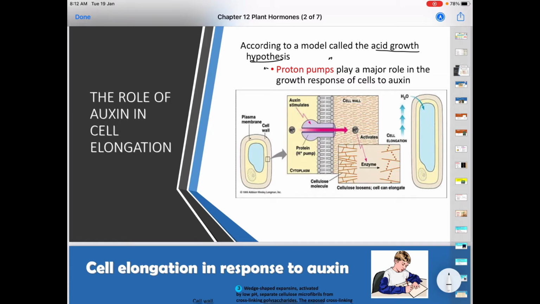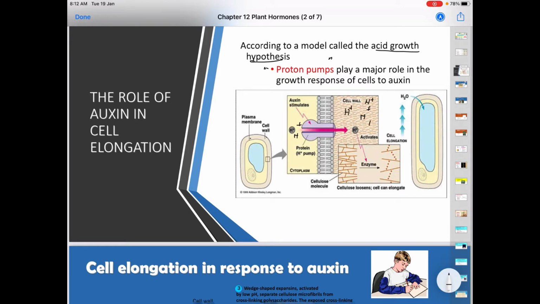When there is a presence of auxin, what happens? Auxin will stimulate the pumping of the hydrogen ion from the cytoplasm to the cell wall.